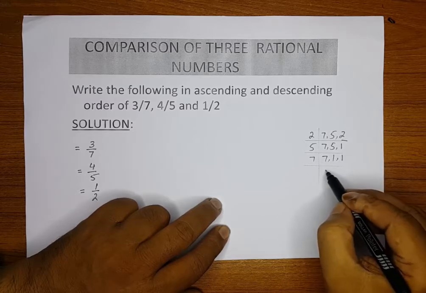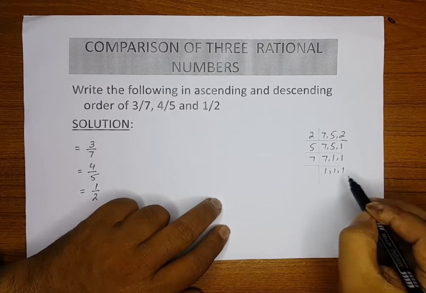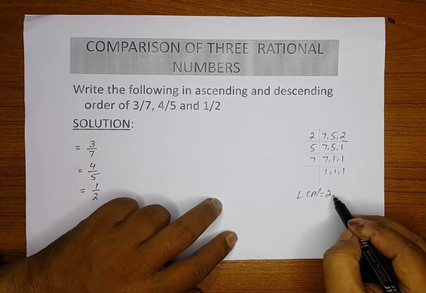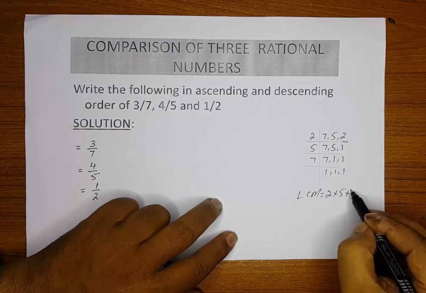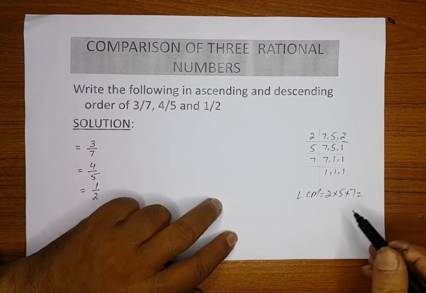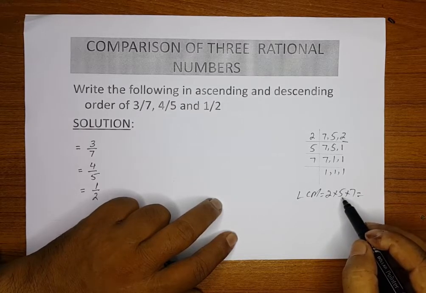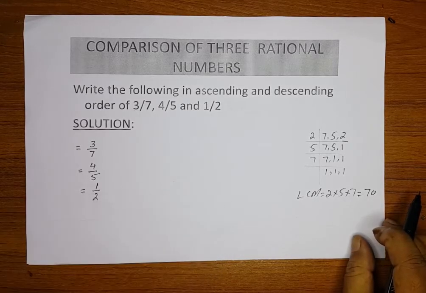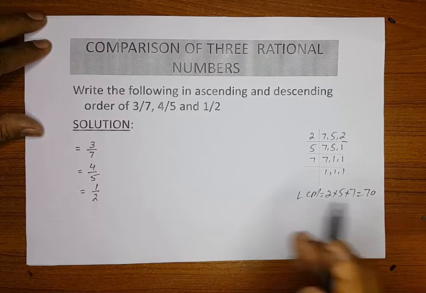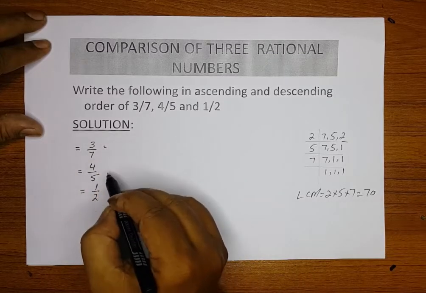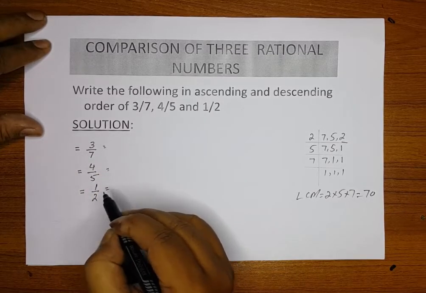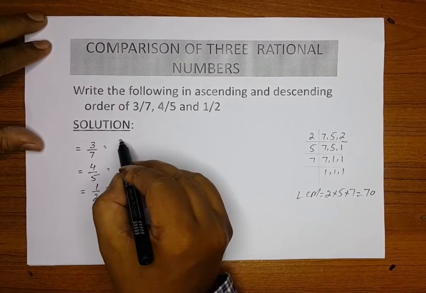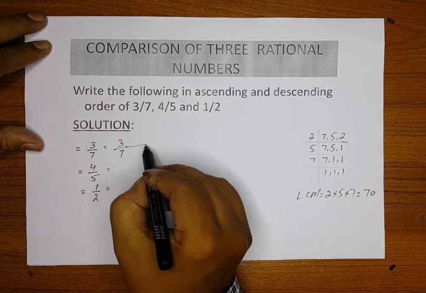Then 7: 7 ones are 7. Now students, our LCM is 2, 5, 7. When we multiply, 2 fives are 10, 10 sevens are 70. So our LCM is 70. Now one by one we will make our rational numbers with denominator 70. First is 3 upon 7.